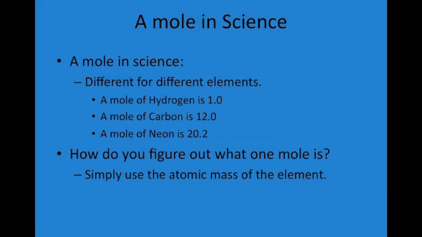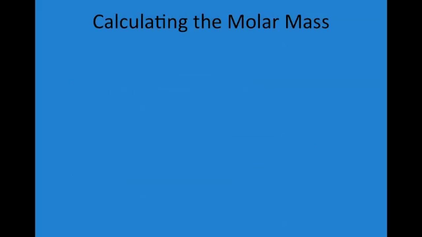So let's try some calculating of molar masses. For example, we have sodium chloride, NaCl. I want you to tell me the molar mass of that substance. So the first thing I'm going to do is my atom count like I'm used to. I have Na, clearly 1 of those. I'm going to multiply it by the weight on the periodic table, which is 23. So 1 times 23 is 23.